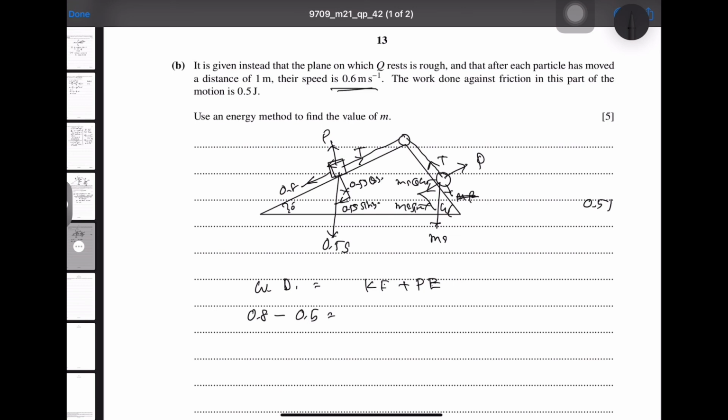Both are passing with kinetic energy, half m v square, half m into 6 square.